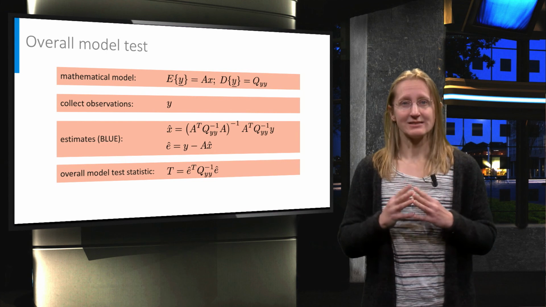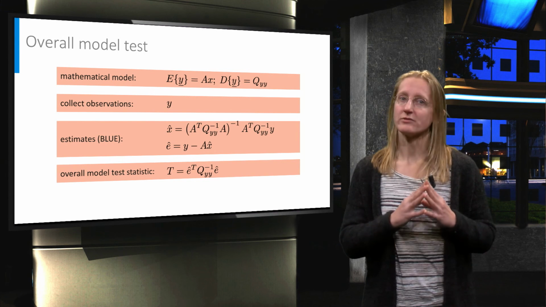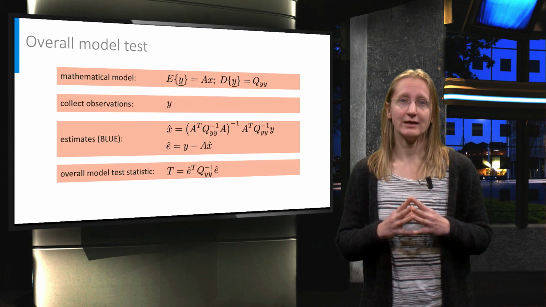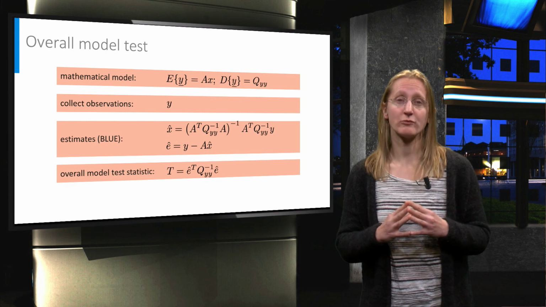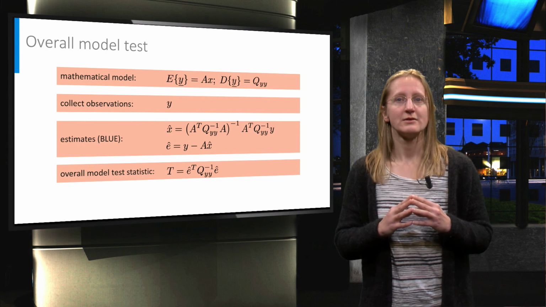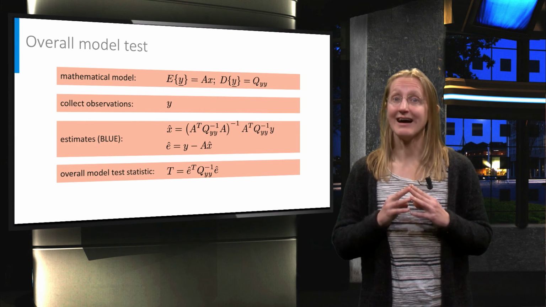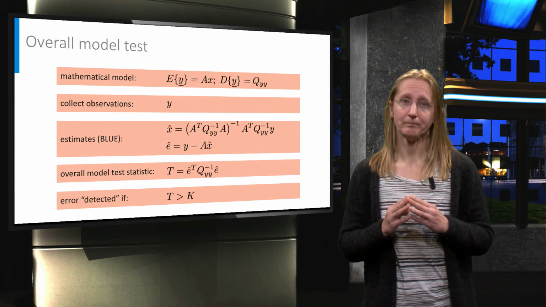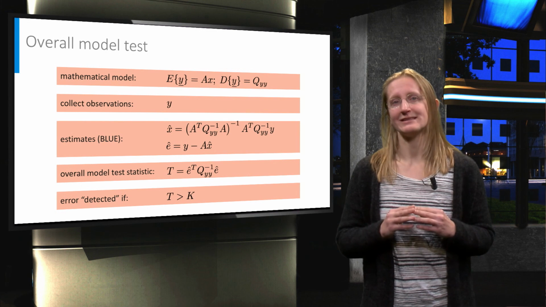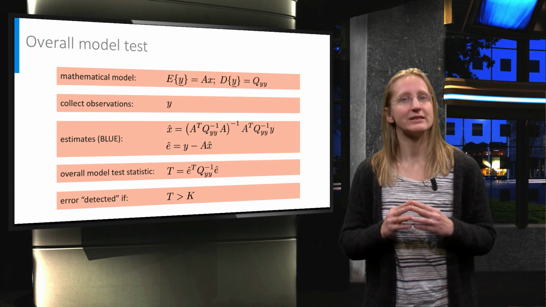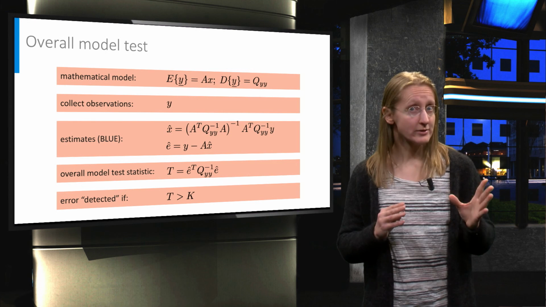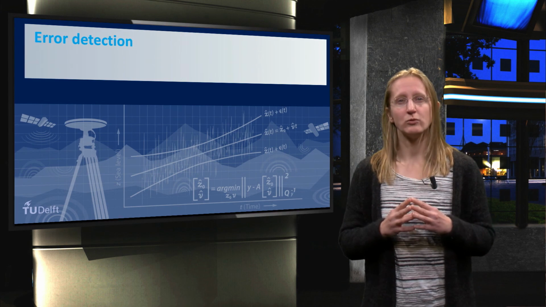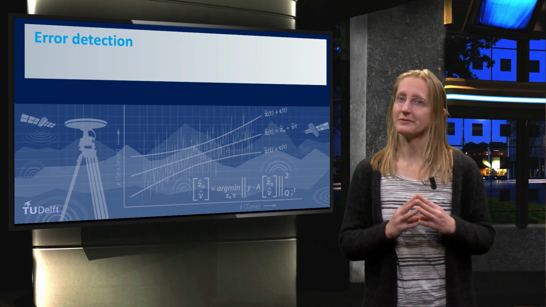And knowing that t is a realization of a chi-square distributed variable, we choose a small probability alpha and determine the corresponding threshold value k, such that we believe that it is highly unlikely that t will be larger than k. If we do find that t is larger than k, this is an indication that something is wrong with either the observations or the model we used. In the next video, we will give an outlook on what to do in this situation.